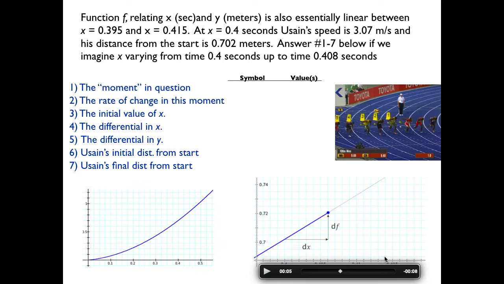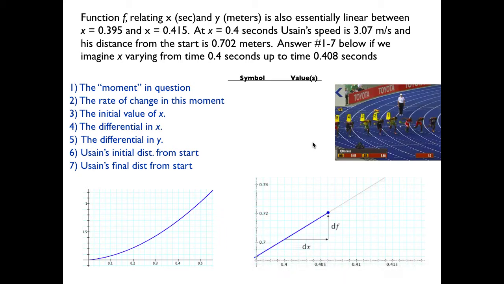Well, he is literally going across the track. Well, I guess along the track. As x increases, as time increases, his distances from the starting line are increasing. But for this much change, that small amount of change, and I'll move my arrow off of there so that'll go away, for a small amount of change in time, dx, there's a corresponding small amount of change in the y variable.